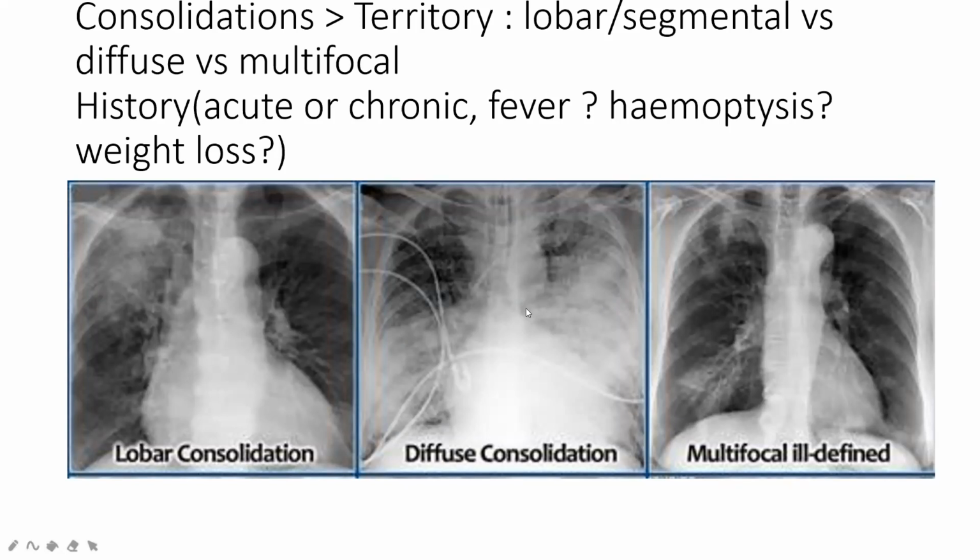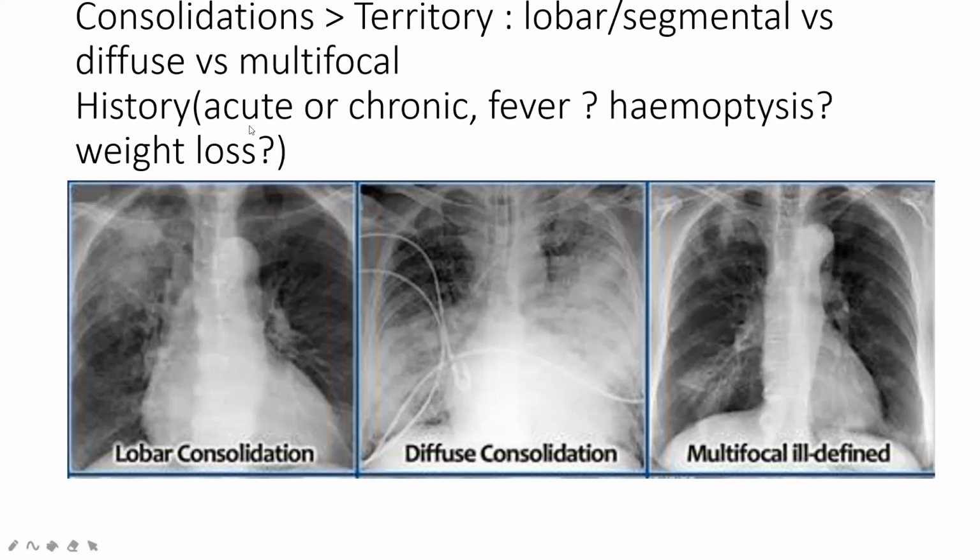This could be due to either very severe infection, or sometimes because of congestive cardiac failure. And sometimes you can have these multifocal areas of consolidation without any continuity in between them, which usually point at a more chronic picture, such as cancer.